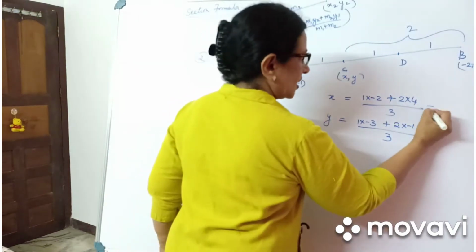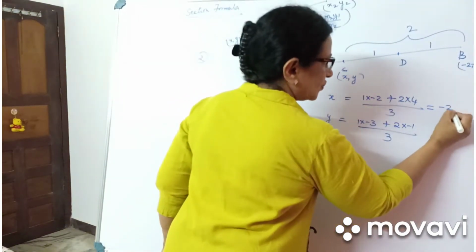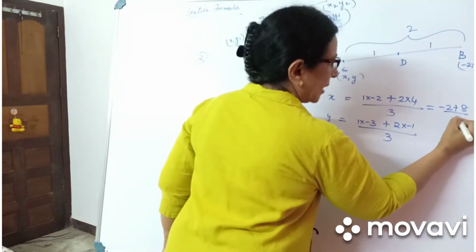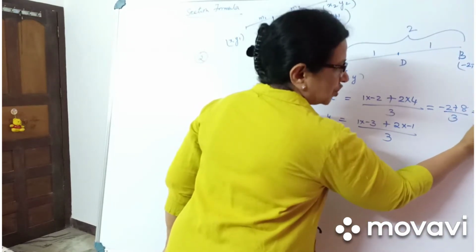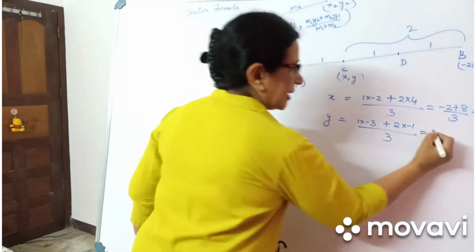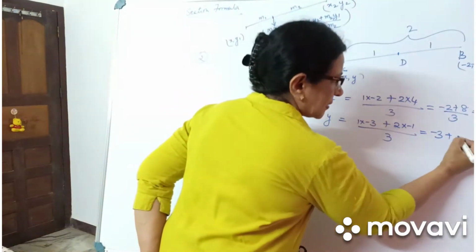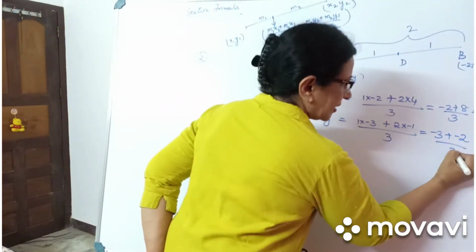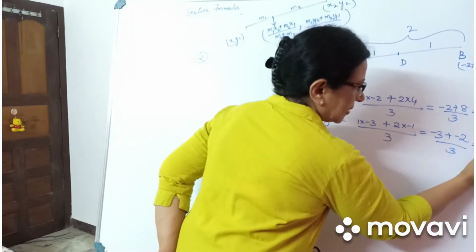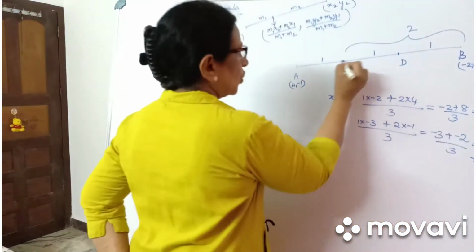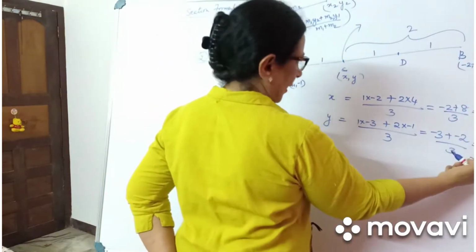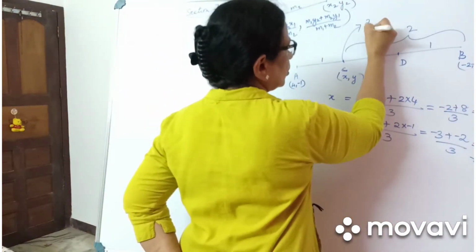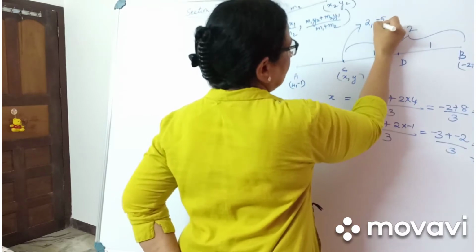This is equal to -2 plus 8 by 3, which is 6 by 3, which is equal to 2. And -3 plus -2 by 3, which is equal to -5 by 3. So this point, x coordinate, y coordinate, you have to write it as (2, -5/3).